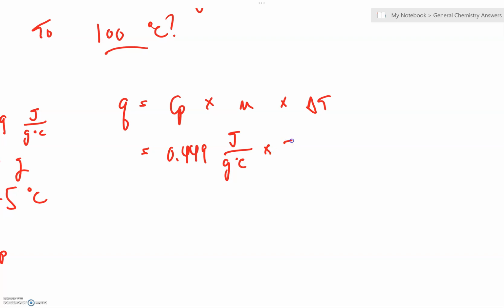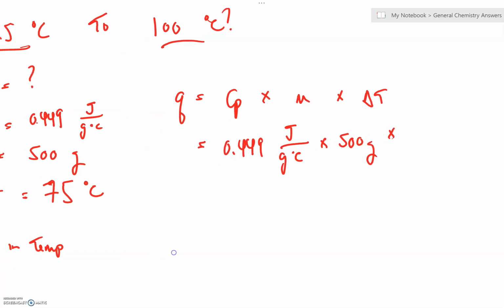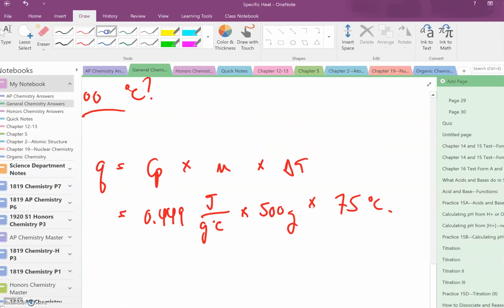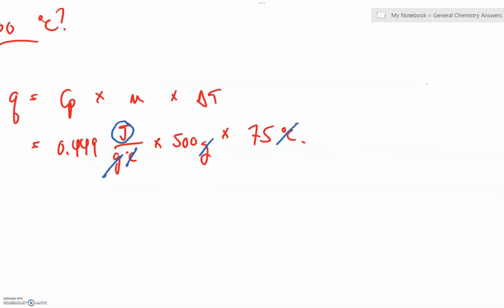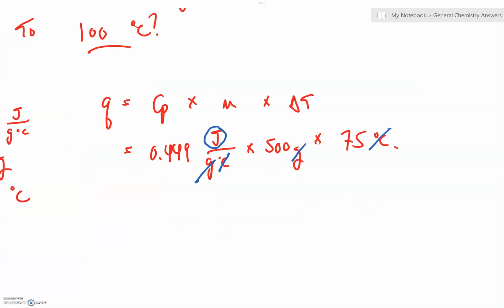We know the mass, 500 grams, and we know the delta T. We just found that, 75 degrees Celsius. Now, when you do this, if you can pay attention to the units, it helps a lot, because look what happens. Degrees Celsius cancel, grams cancel, and it leaves our answer in joules, which is what we want. We're trying to solve for energy.